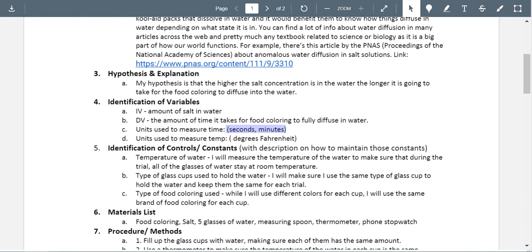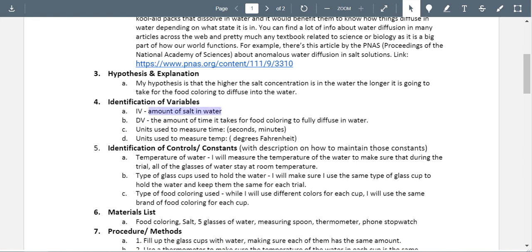You've got to pick one or the other. You cannot put two different things here. Even though they both can be cross-converted, you've got to pick one or the other. So I would just go with seconds, put it right after this in parentheses, and put an S for seconds. We'll know what it is. Same thing, the amount of salt in water, and then put parentheses grams, or grams/L for grams per liter. Again, make sure you just put your unit straight after this here, okay?